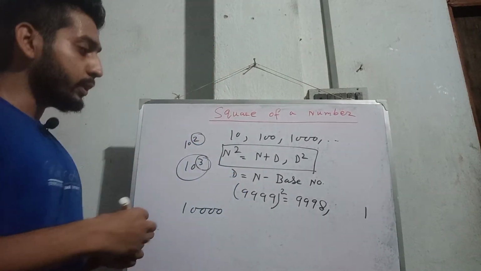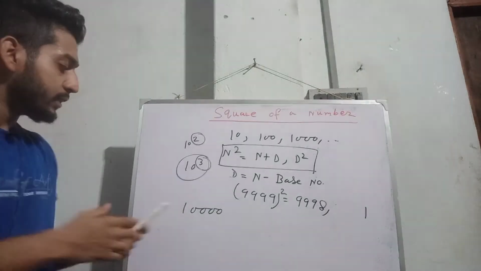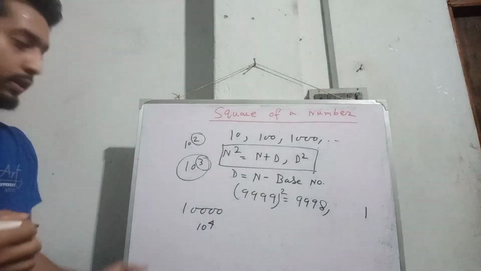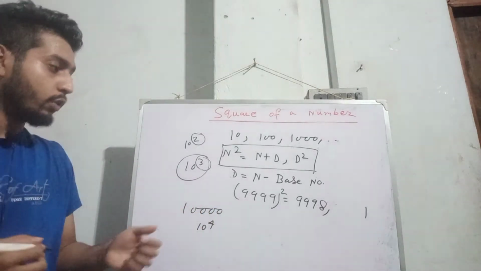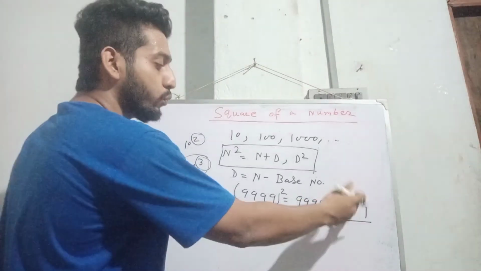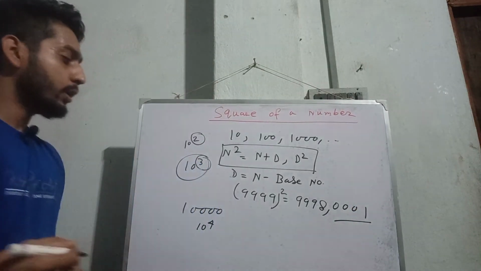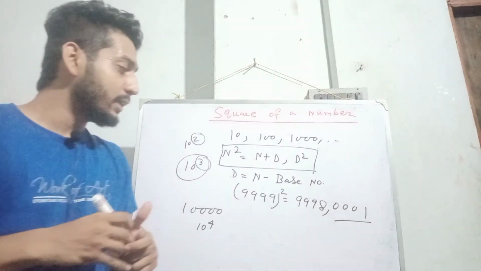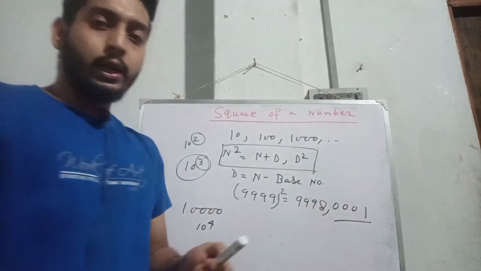Now what will be the number of digits here? The base is 10 to the power 4, so there are 4 digits. We need to fill 4 digits here. There is only 1 digit, 1, so we need to fill 0, 0, 0 here. So the square of 9999 is 9998,0001.